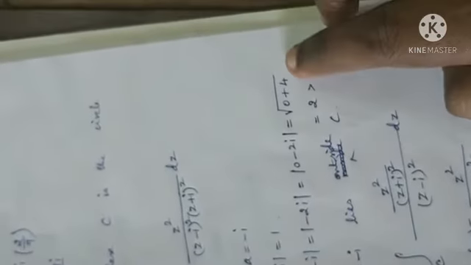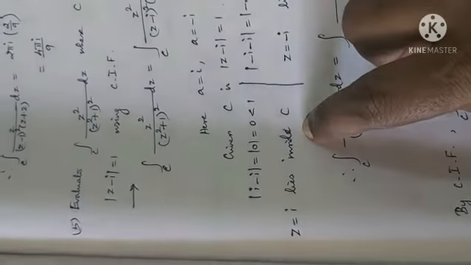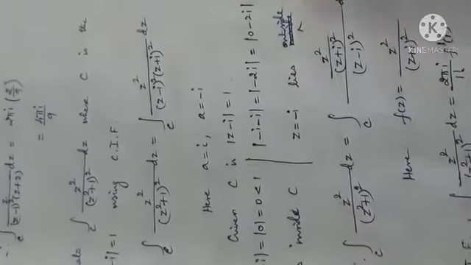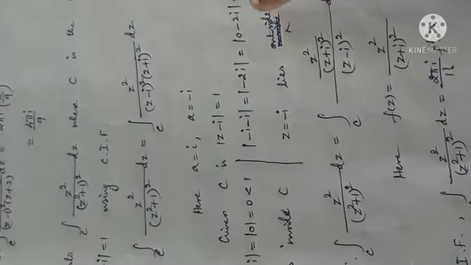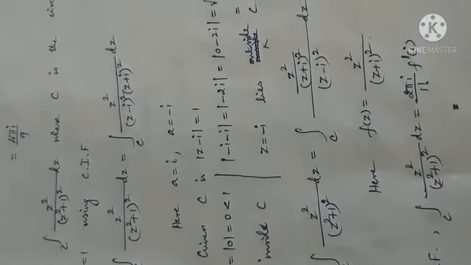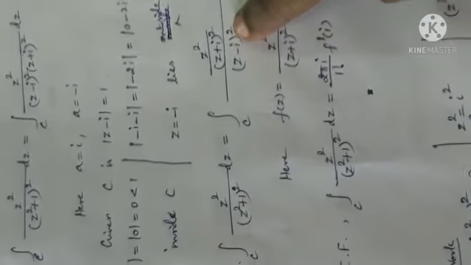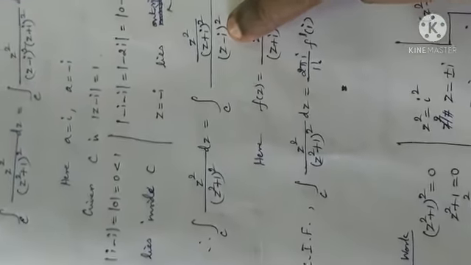Root of a square plus b square. Answer is greater than 1. Hence it lies outside C and this point lies inside C. So let us keep the term which lies outside C to numerator, the other one in the denominator. So we have f of z now. It's very clear it lies inside the curve.